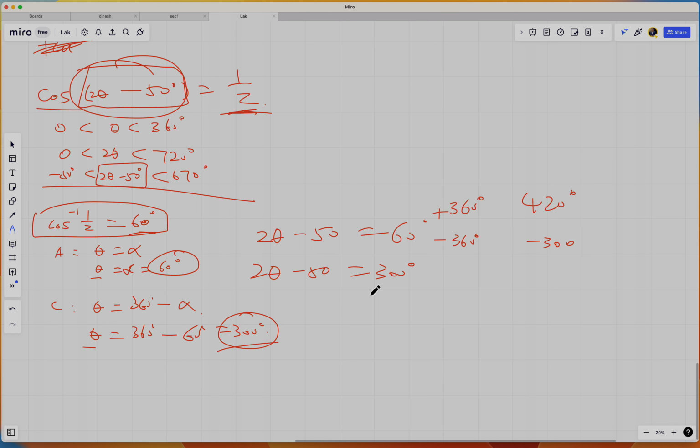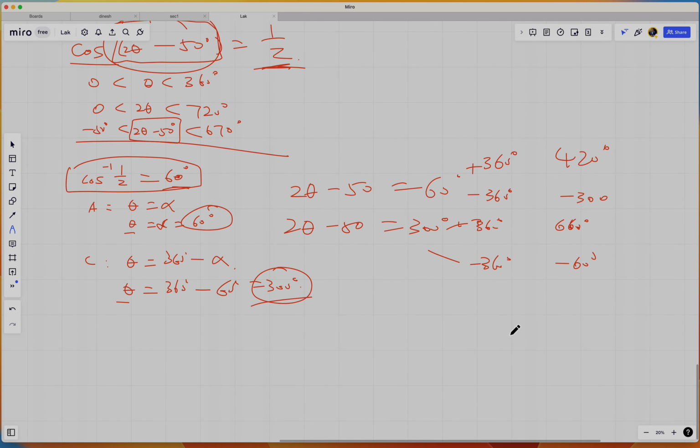Don't, because you have more than one theta here. Then you plus 360 here, minus 360 here. So you get 660, right? Then you get minus 60, right? Oh, I really hate this, because I focus on the concept, and then all this I need to do mentally.